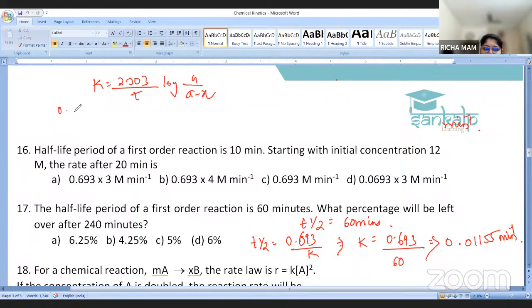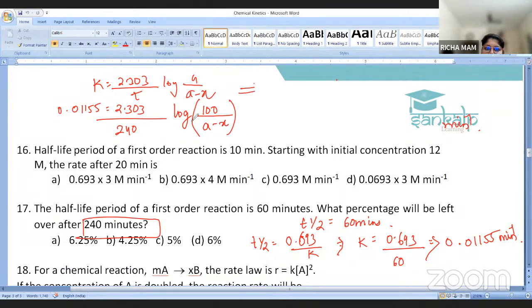So K, which we know is 0.01155, is equal to 2.303 by 240 times log of 100 by A minus X.